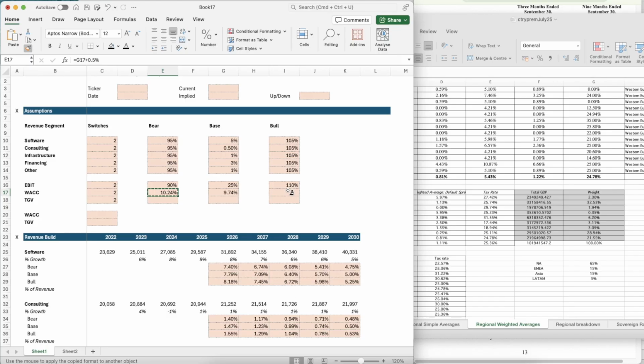We'll do the same over here, but we will subtract 0.5%, minus 0.5%. Now for the terminal growth value, we'll say 2.5%. This one, the bullish is, again, add 0.5%. And the bearish, minus 0.5%.